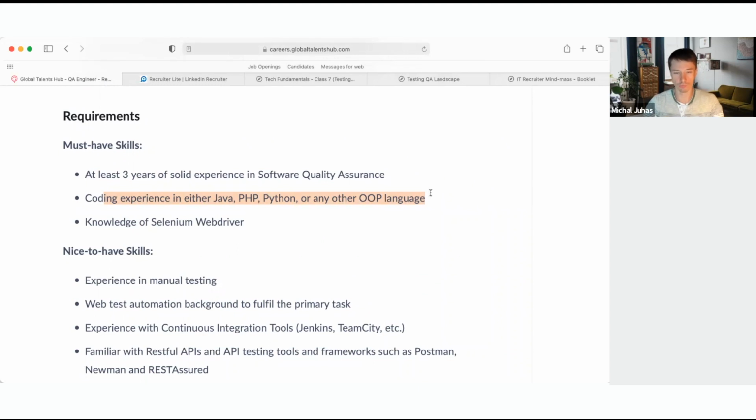But when we are looking for a QA engineer, usually it's not as important which language the person used in the past, because they will just create tests, and the tests could be in JavaScript, Java or PHP. What is important in this case is the knowledge of a particular testing framework, which is Selenium.